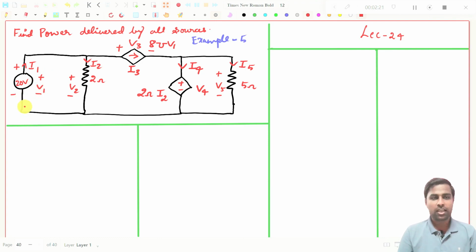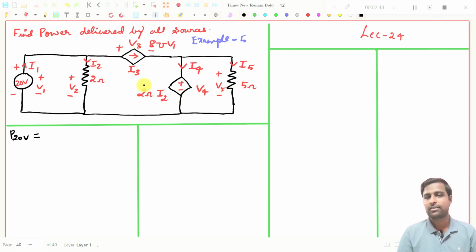So you see, we will write the expression to find what is the power delivered by, first of all, this 20 volt source. So I will write that as P20 volt, right? So P20 volt is what? See here, the voltage across this 20 volt will be V1. That is what is given. See, this V1, V2, V3, and this is actually V4, this is V5.